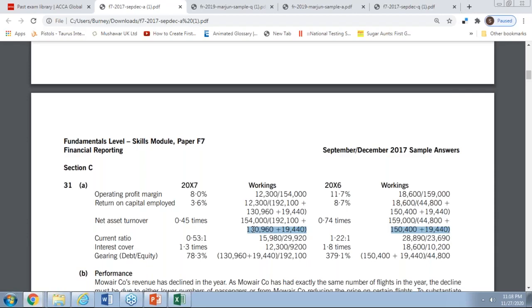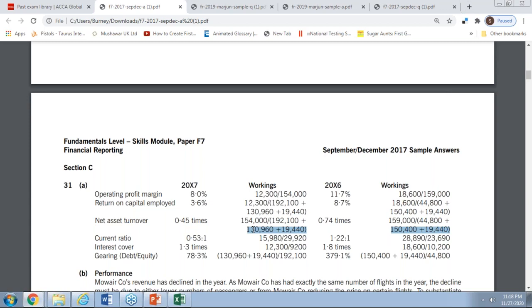So first you have to comment on it like this. In the previous year, the company was generating an asset turnover of 0.4 times. Now it's 0.45 times. The reason was the revaluation, which makes it incomparable.